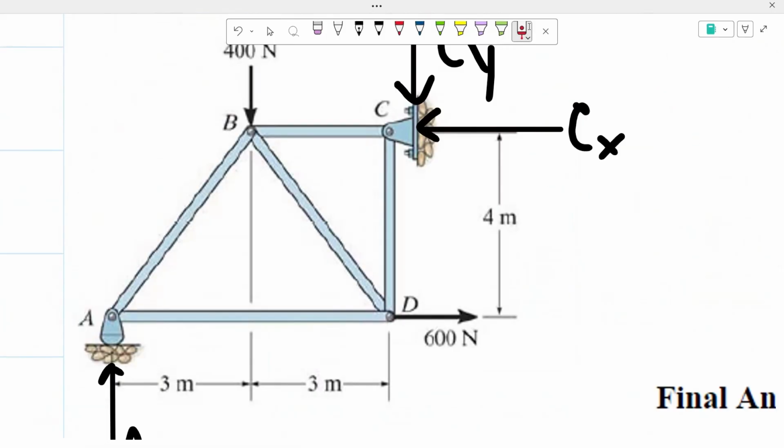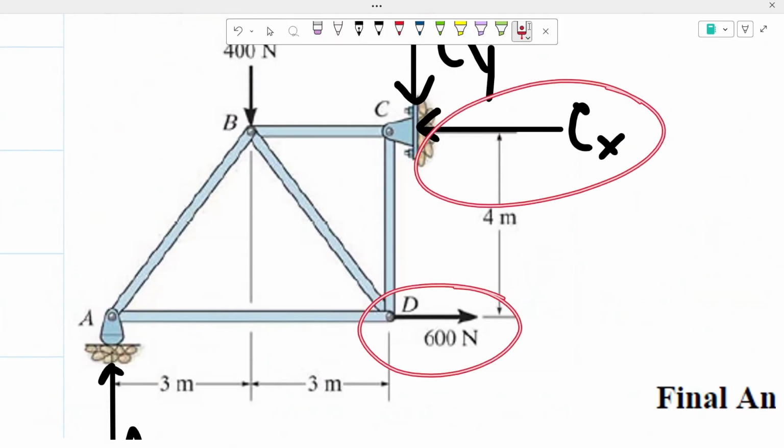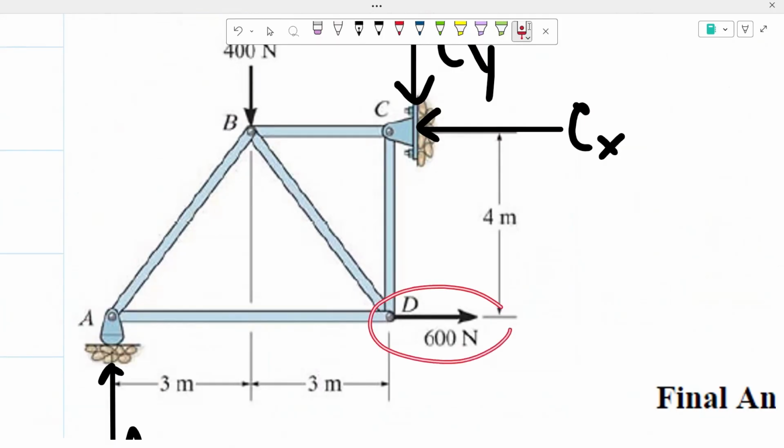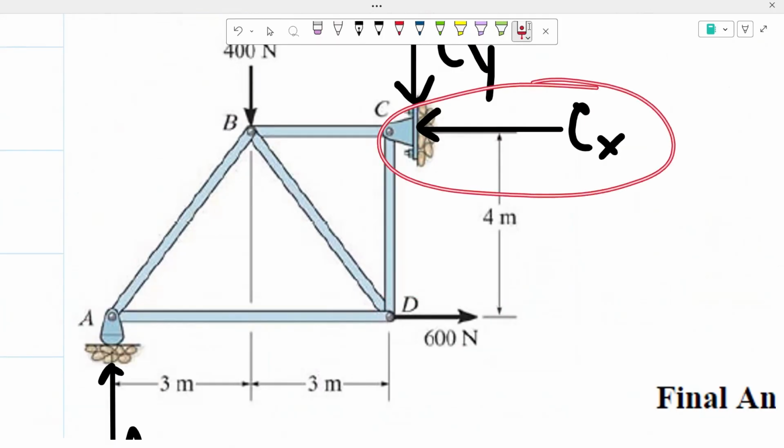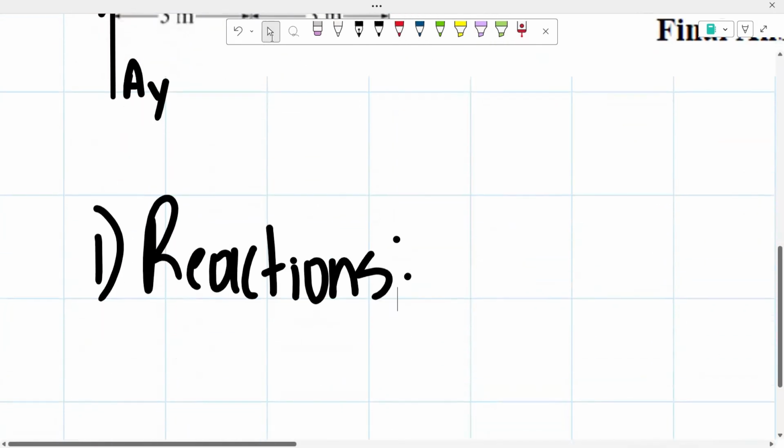As you can see, we have only two forces in the x direction, which is the 600 newtons and the C of x. 600 newtons to the right means positive. We assume that the reaction C of x is going to the left, so a negative force right there.